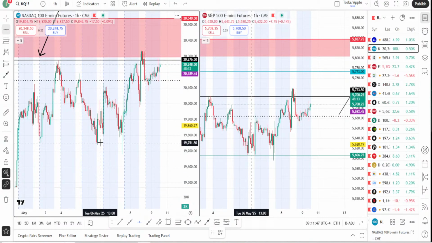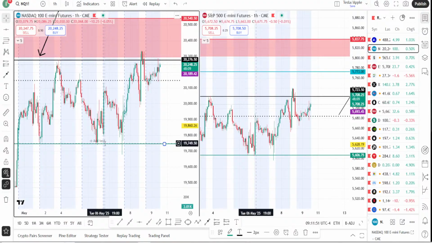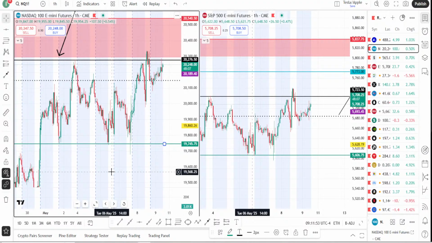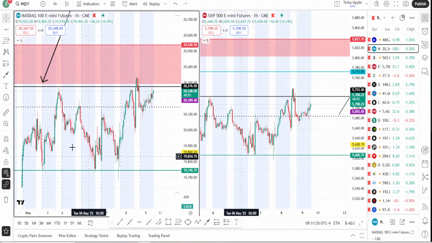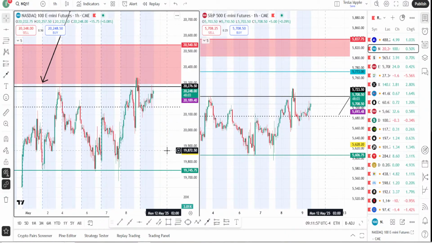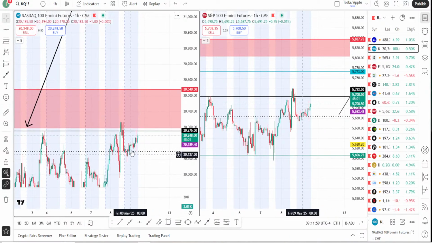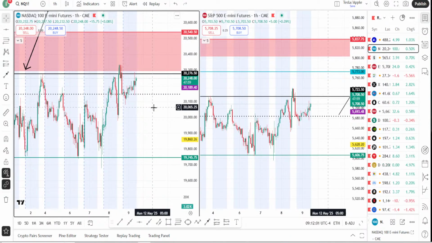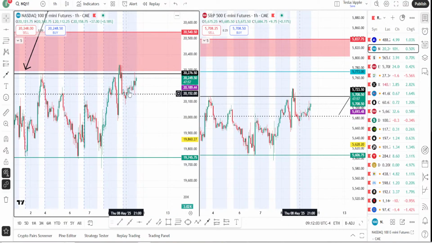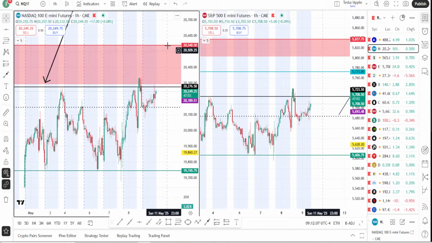Let's set this level of support right here as well. Easy. Clearly we have a range here, and we're looking for a range breakout today. That's what we're hoping for, a range breakout.